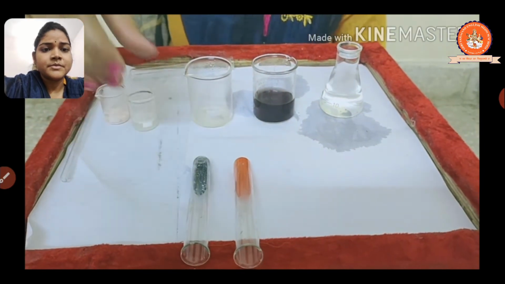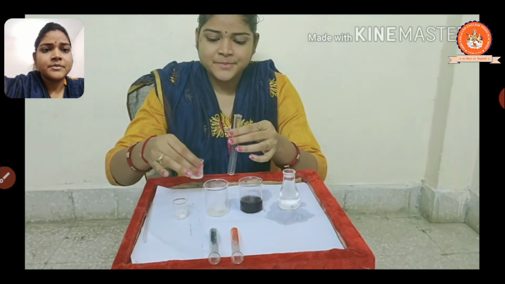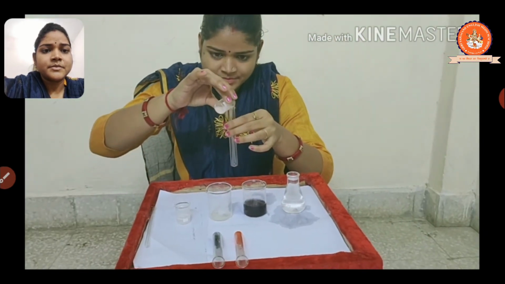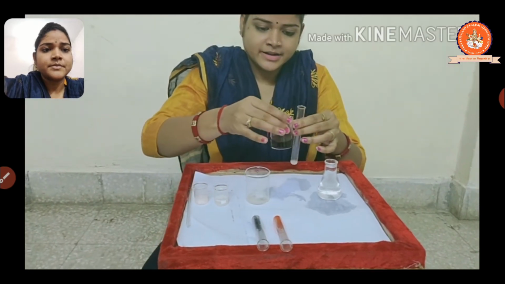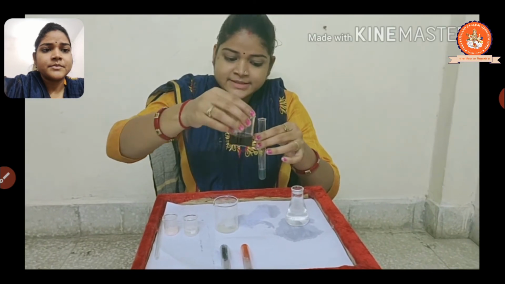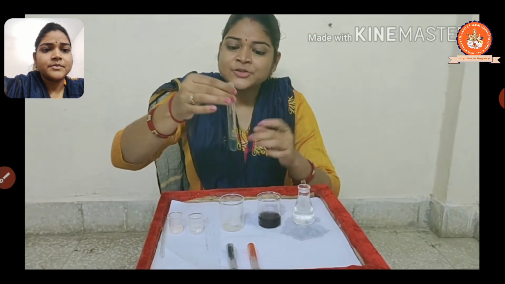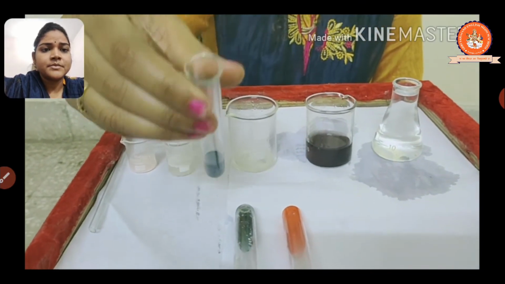Right? Then I take slaked lime and add some China rose indicator in it. So again the color changes to green.